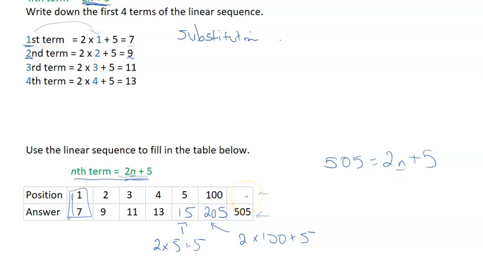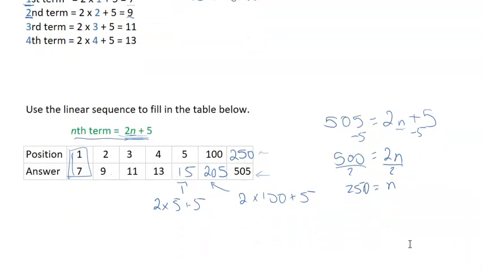So just like you would with any algebraic equation, you would need to work that one out. So subtract 5 on both sides. That's 2n. Divide by 2 on both sides. So n would be 250. And that's how you work your way through the expression, which is using substitution, or calculating the equation if you've been given the answer.